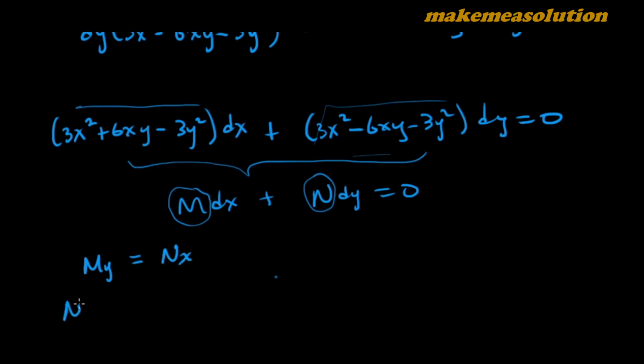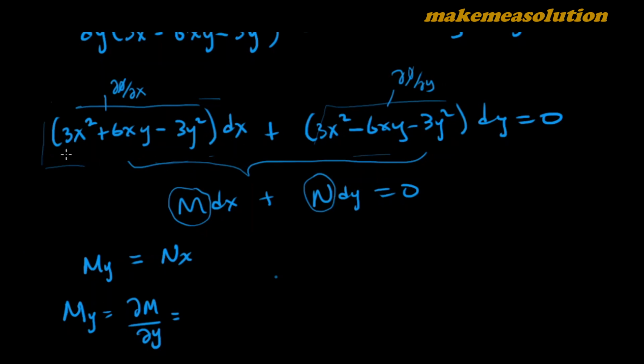So let's begin with My. My is the partial derivative of M with respect to y, and remember, M is this particular term over here. If you look at these terms very critically, this term is the partial derivative of phi with respect to x, and this term is the partial derivative of phi with respect to y.